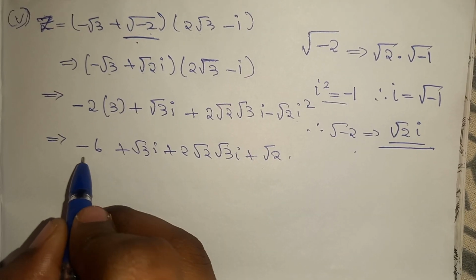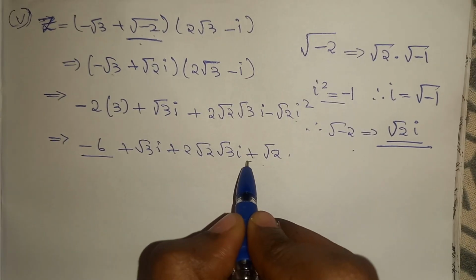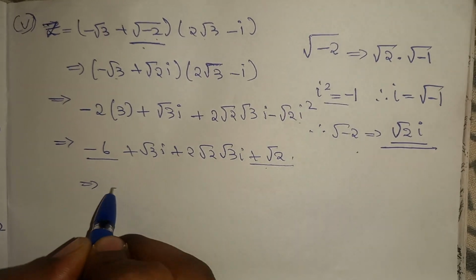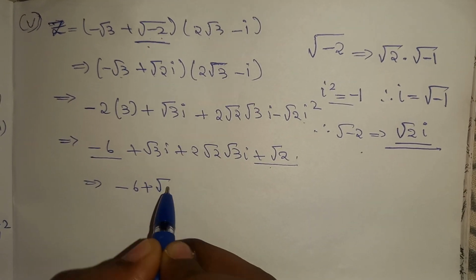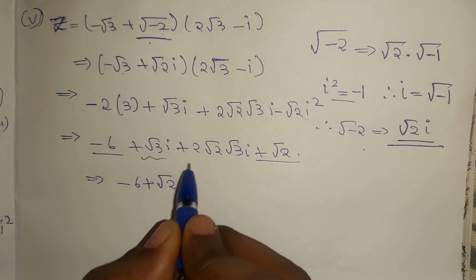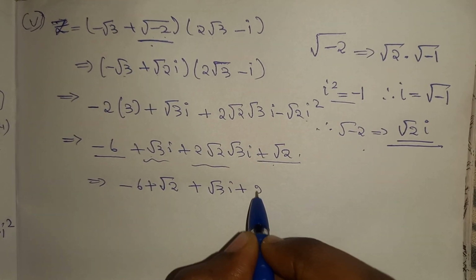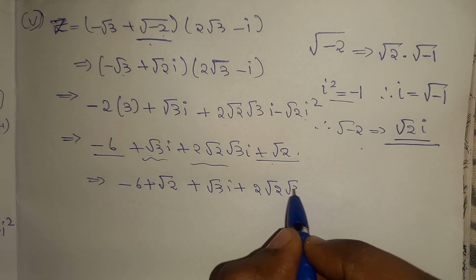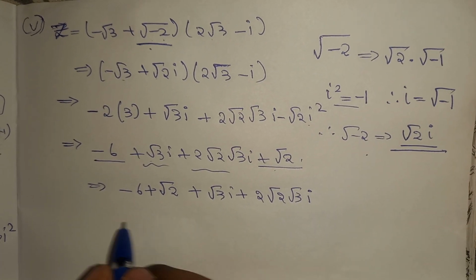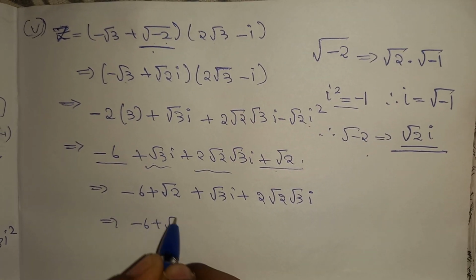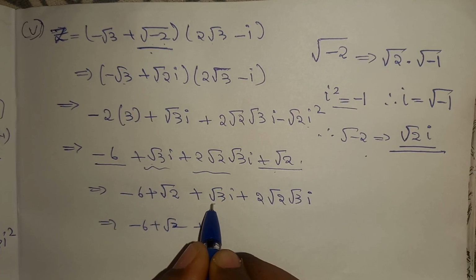Now from this the real parts are minus 6 and plus root 2. We'll write it first, minus 6 plus root 2. Then the imaginary parts we'll write, that is plus root 3 i plus 2 root 2 root 3 i. Now from this we can take root 3 common, no?